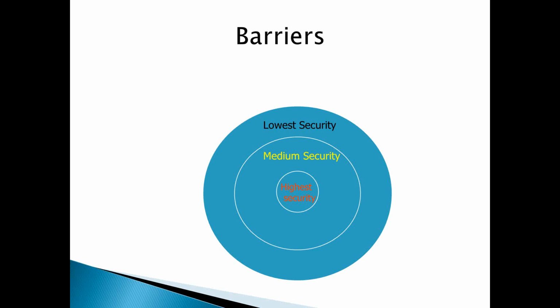This is things like your lobbies and your entry points where visitors are coming. And then your high security areas or your restricted areas where you have greater access control and you have higher standards of barriers. You never have the highest security level or higher security level enclosed outside your lowest security level. So keep that in mind whenever you're doing your design here.